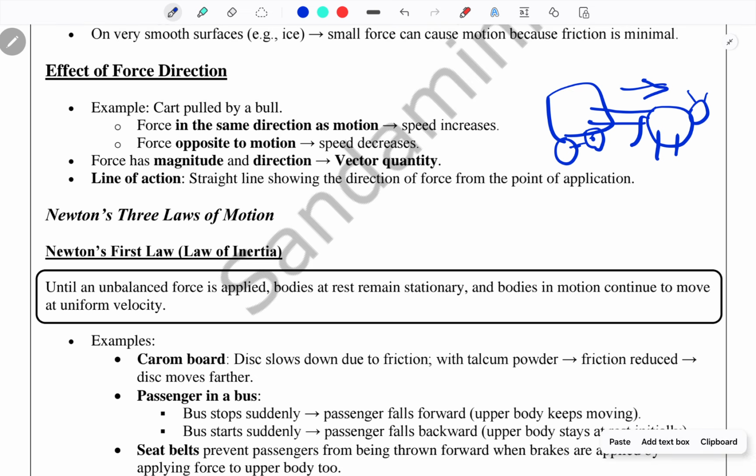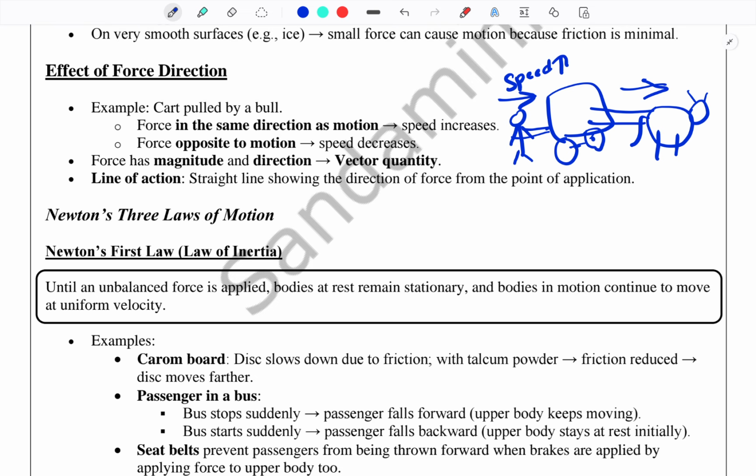Think from behind a man is pushing in the same direction. What happens to the speed? You know definitely from your experience, the speed should increase. If someone pushes in the direction we are going, the speed is increasing, right?